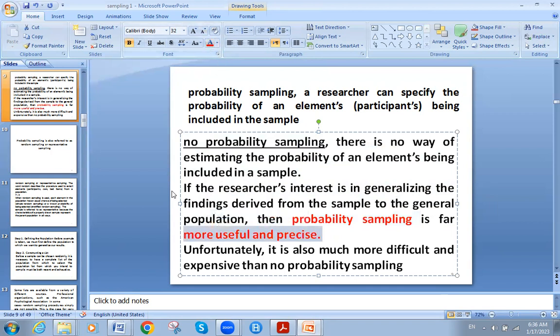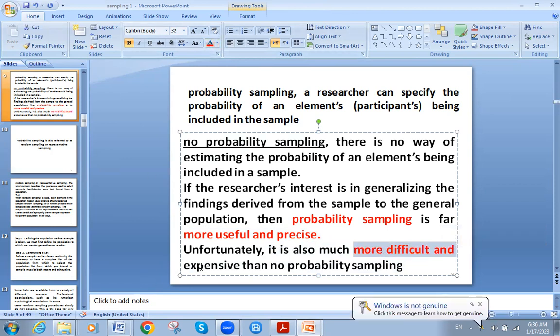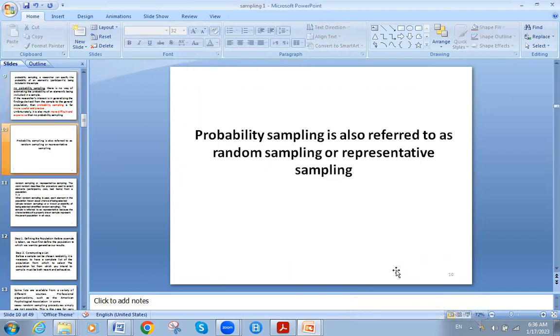Unfortunately, it's also much more difficult and expensive than non-probability sampling.